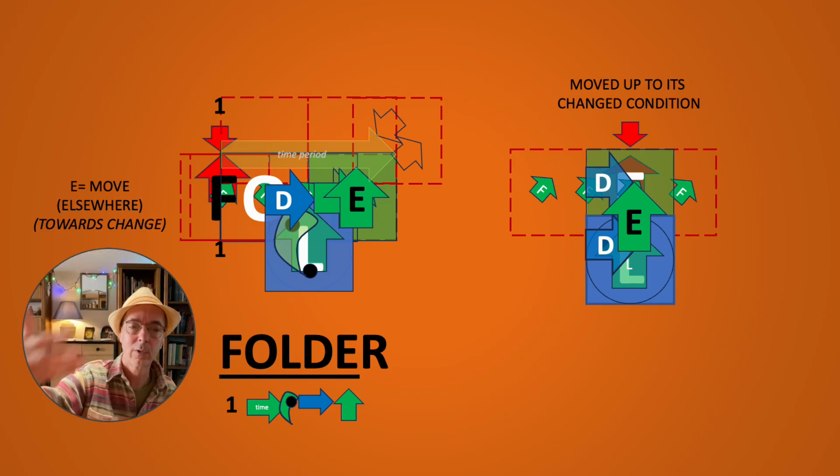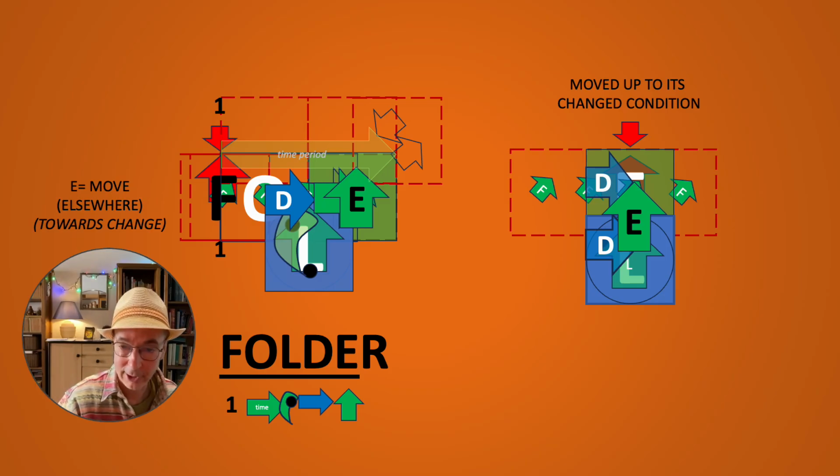So I move it at the same time to that changed condition, to what I wanted to change there, why I chose to take out that thing in the folder for a certain reason, to make a change, to make different, first option, and then make a choice and see that I have a different situation and different timing, all these kind of things that fit to E. It moves elsewhere toward that moment of change.